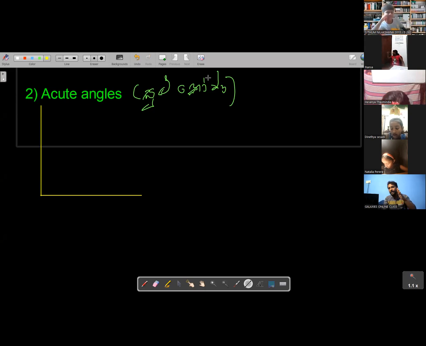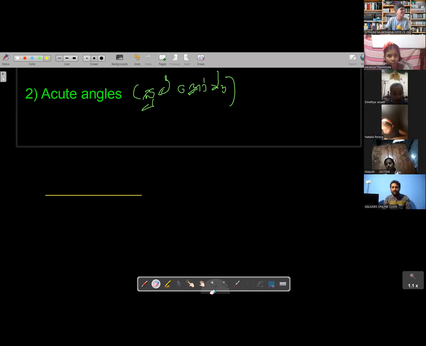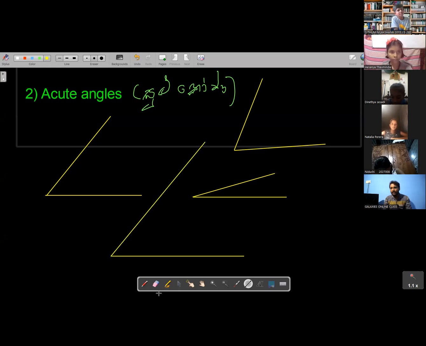We have to draw the other arm going less than the right angle, towards this side. So you can draw the other arm like that. These are all acute angles. Draw one example.